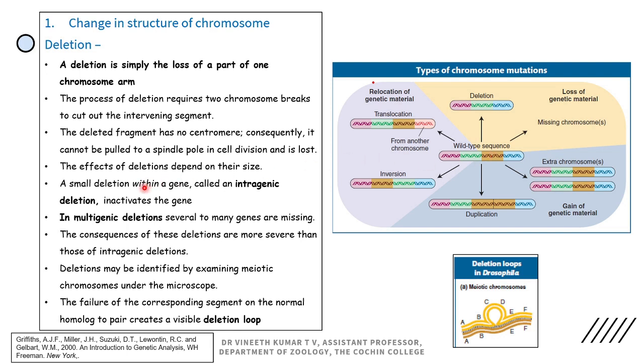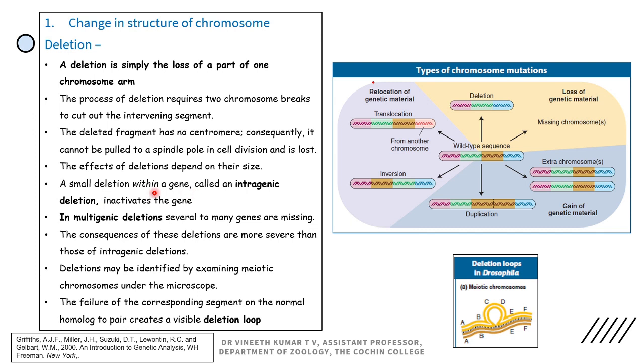A small deletion within a gene is called an intragenic deletion, which inactivates that particular gene. That means if this particular portion is a piece, you have a very big gene which is coding for a protein, and the deleted portion is a small part of that particular gene, that is called an intragenic deletion.